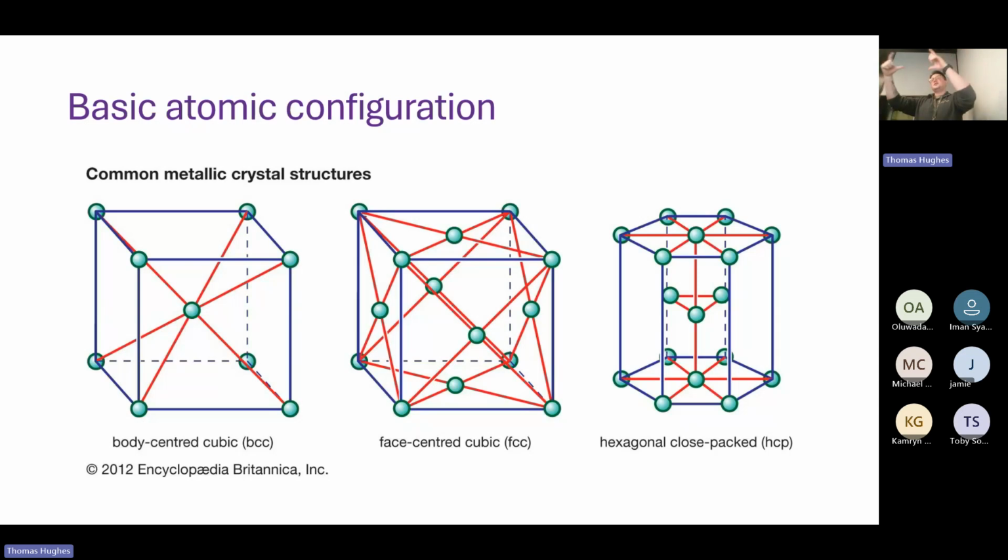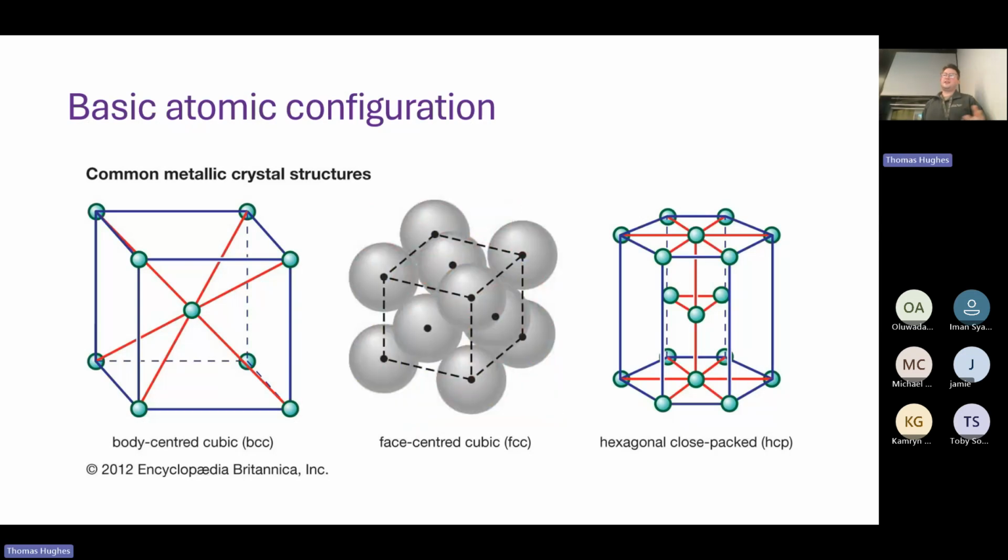That's a cube with spheres on each corner and then one in the middle. You've got face-centered cubic, which has your spheres on each corner and then one on each face. And then hexagonal close-packed, we're not going to talk about, but that's for things like titanium and zirconium. So this is what it might look like if it's just actually spheres together. So BCC and FCC are what we're going to sort of focus on.